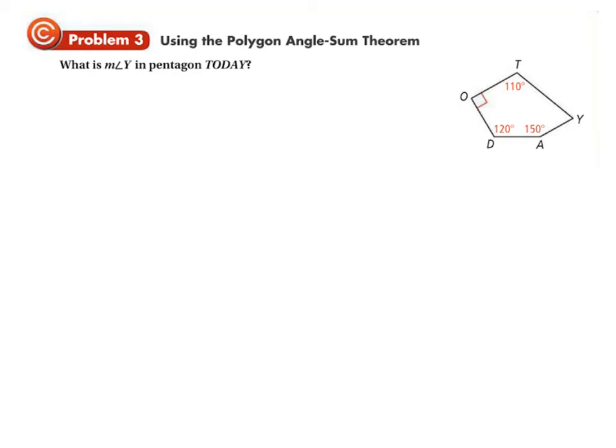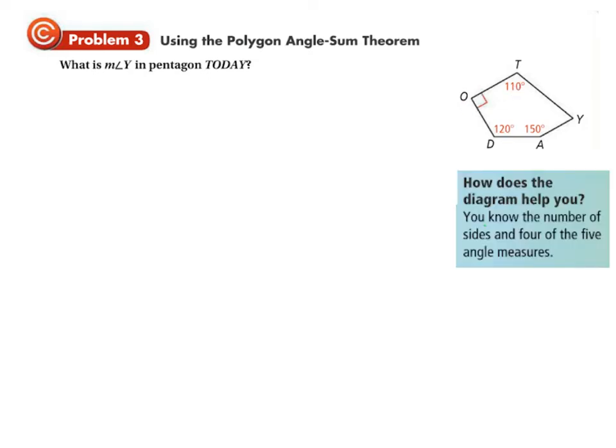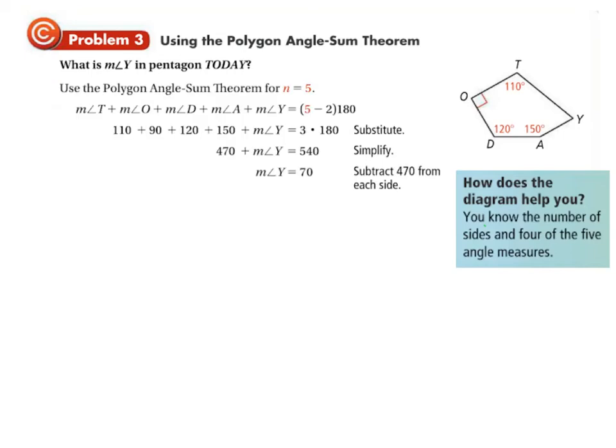Okay, now this is where you have to think about what they're asking and apply the idea. The question is, what is the measure of angle y in this pentagon? And you know 4 of the 5 angles. How does that help you? You know the number of sides is 5, and there are 4 out of 5 angle measures, so we can set this problem up like this: the number of degrees in each angle sums up to 470 plus whatever this missing one is.